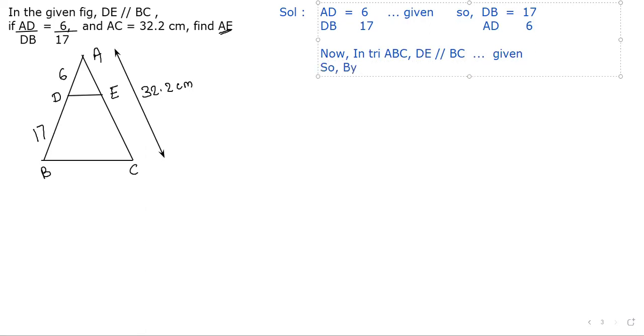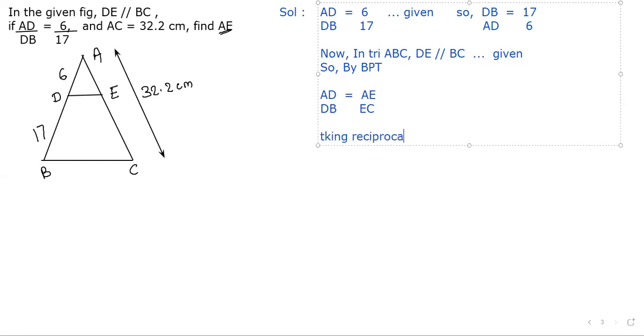Therefore, by BPT, AD upon DB is equal to AE upon EC. But AE is also unknown and EC is also unknown. But the given part is AC, so we need to bring it.